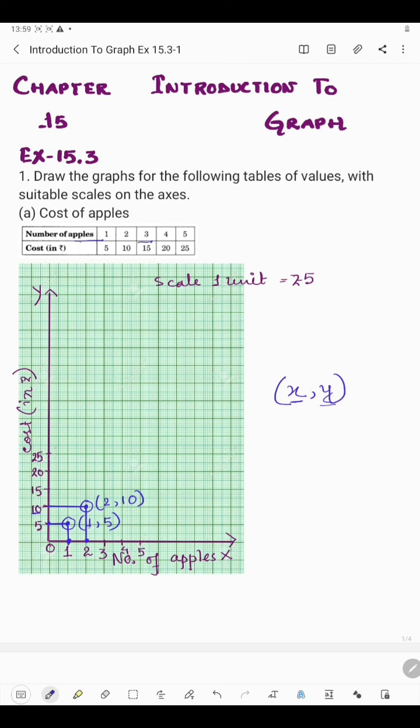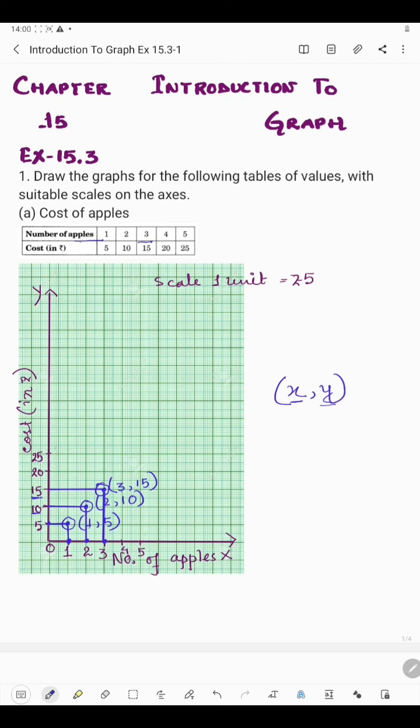Similarly, when you are buying 3 apples, 3 is on the x-axis. From 3 you go up till here, because here is 15. From here if you go left to the y-axis, you will get the value 15. So this coordinate is 3, 15. 3 is the value of x and 15 is the value of y.